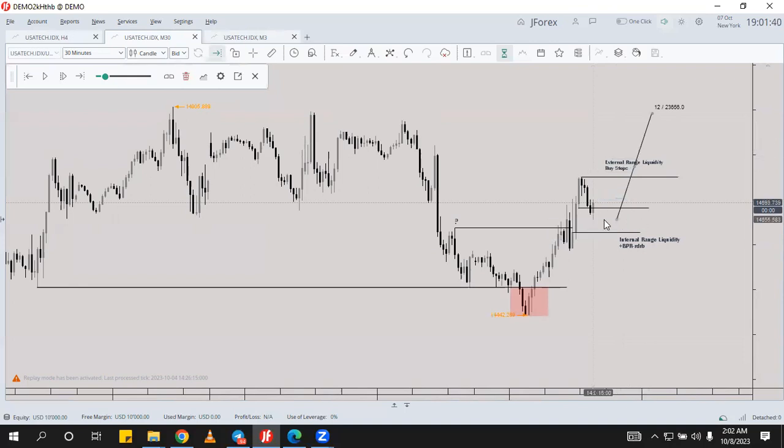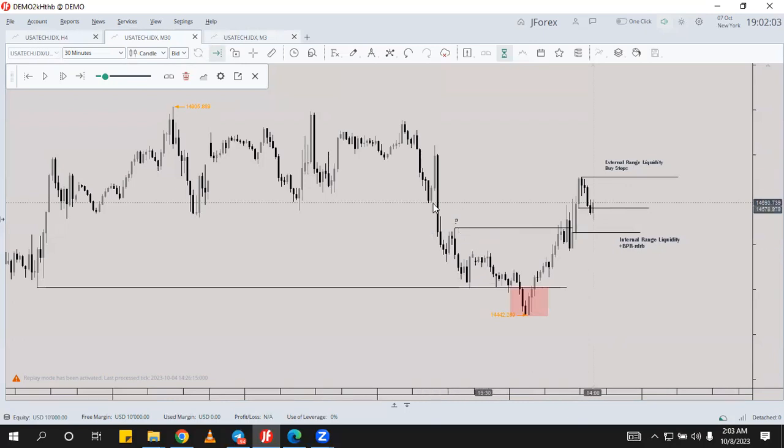So from internal to external, then from external to internal, from internal to external. That is how basically price moves when it's trending, from external range liquidity to internal range liquidity, and so on and so forth. That is something that you can take note of.